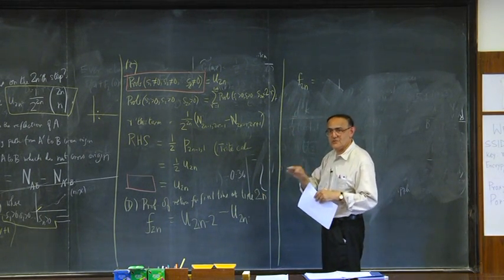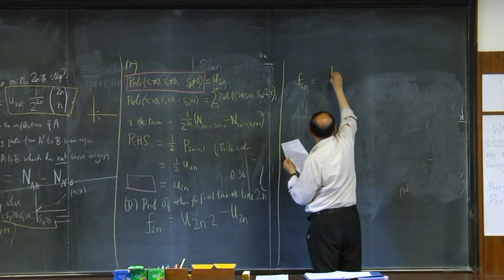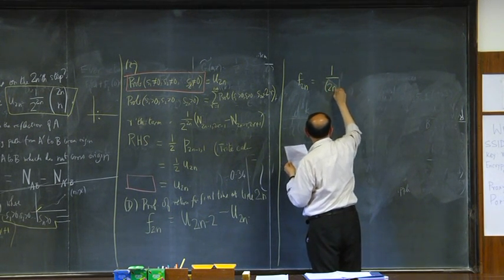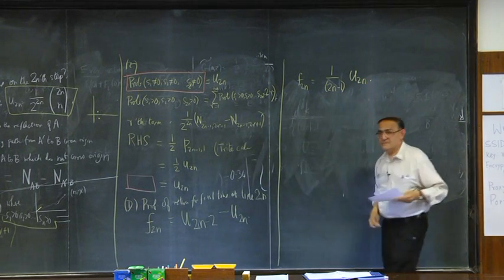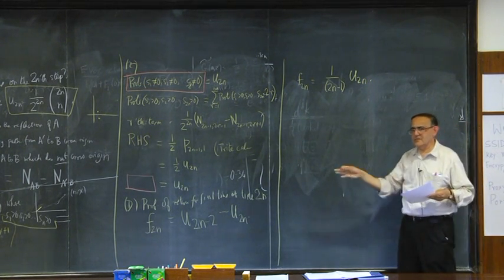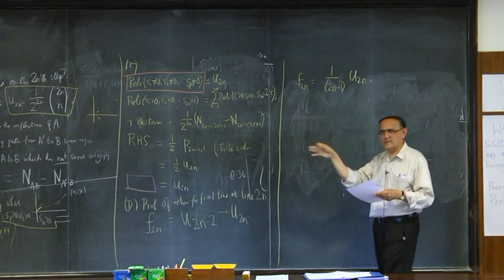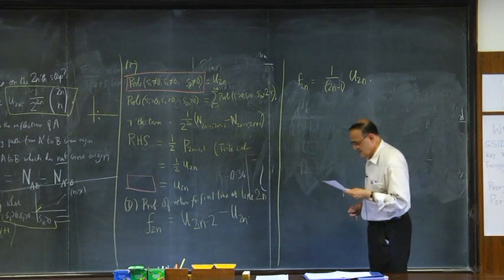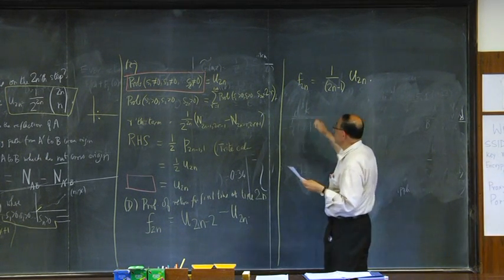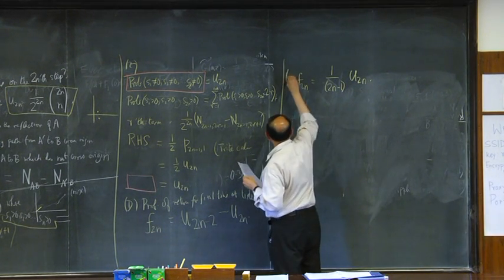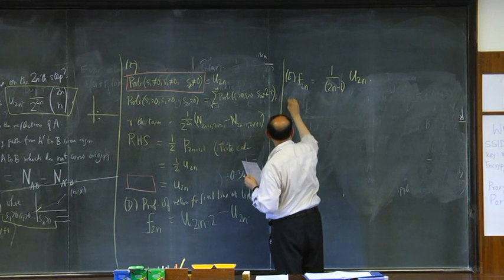Easy to do, just do it. It equals 1 over 2n minus 1 multiplied by u2n. It's one of these things. You will pull out something common and it will work out. Okay. So, that is part E. Come to part F.